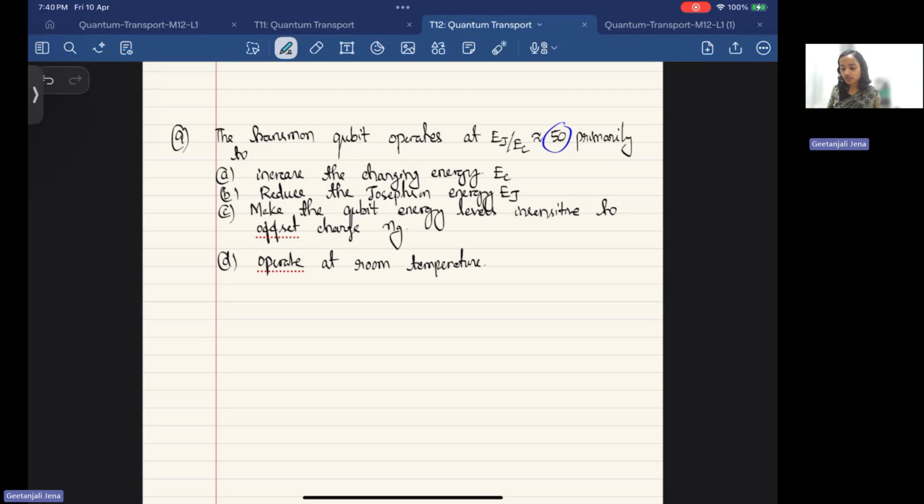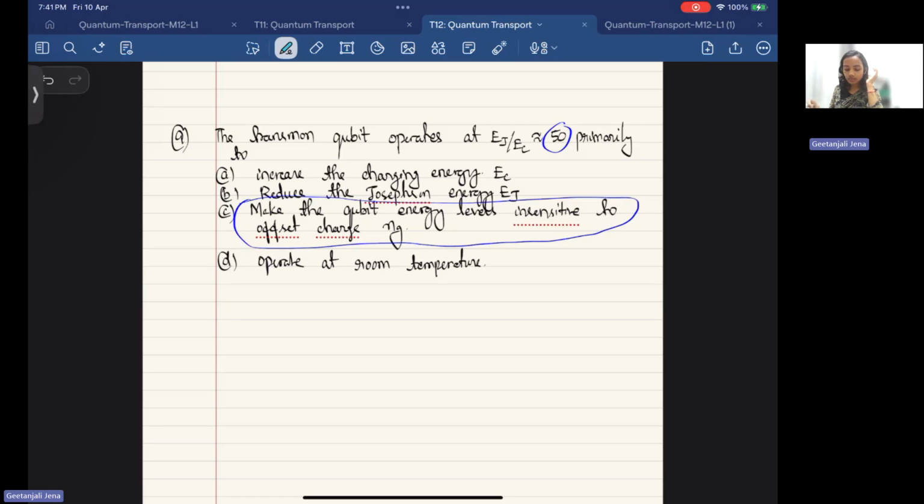Why do we operate the transmon qubit around EJ by EC of 50? This is because we want to make the qubit's energy levels insensitive to the offset charge.